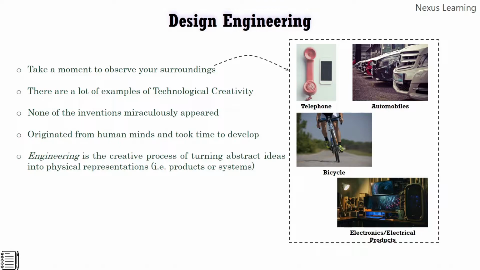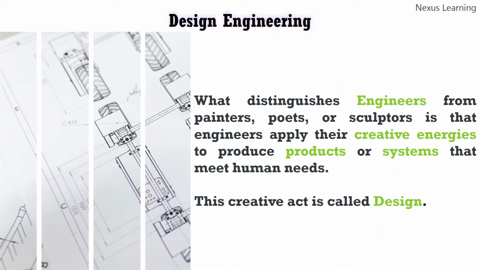Engineering is the creative process of turning an abstract idea into a physical representation, that is, a product or a system, etc. What distinguishes design engineers from painters, poets, or sculptors is that engineers apply their creative energies to produce products or systems that meet human needs.